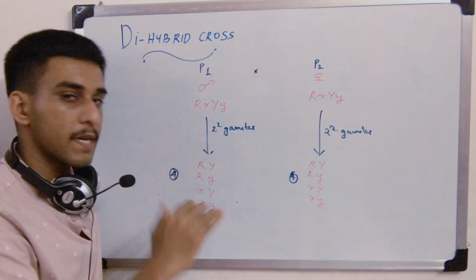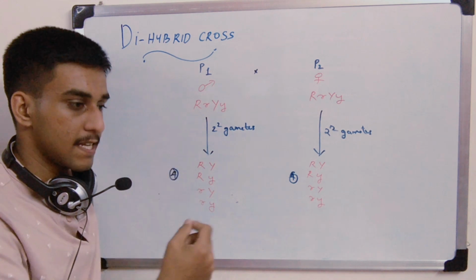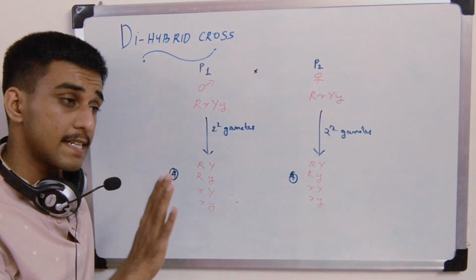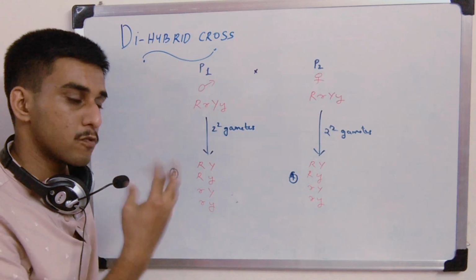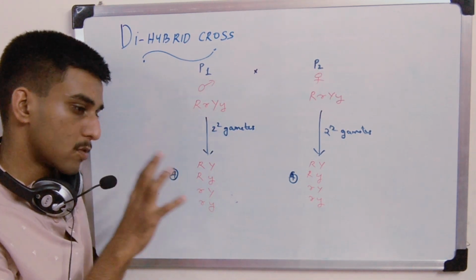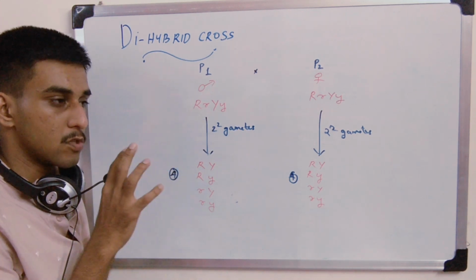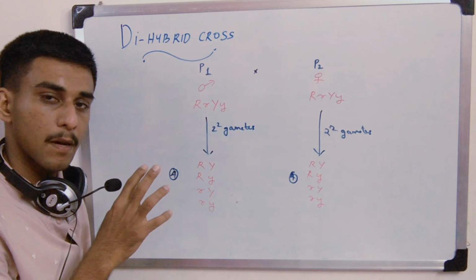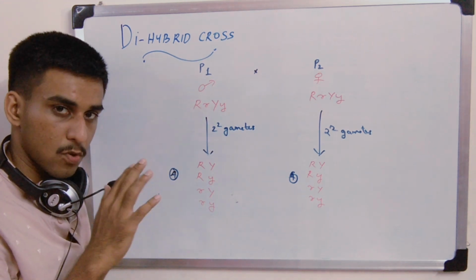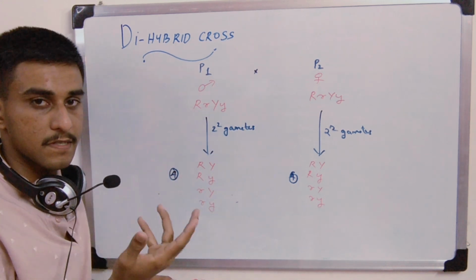So 4 into 4 means 16 types of progeny can be seen in the F2 generation. In order to understand the genotype and the phenotype of the F2 generation, we need to draw a checkerboard, a Punnett square, right? So before drawing the Punnett square, I will explain how these gametes were formed by the process of meiosis.